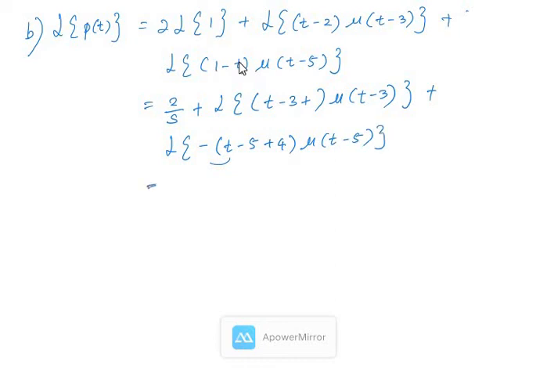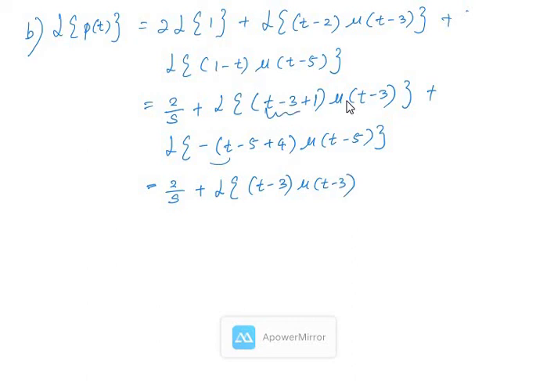And then this is equal to 2 over s plus the Laplace transform of, and we need to split this one. So the Laplace transform of (t minus 3) u(t minus 3), and plus the Laplace transform of the unit step t minus 3.